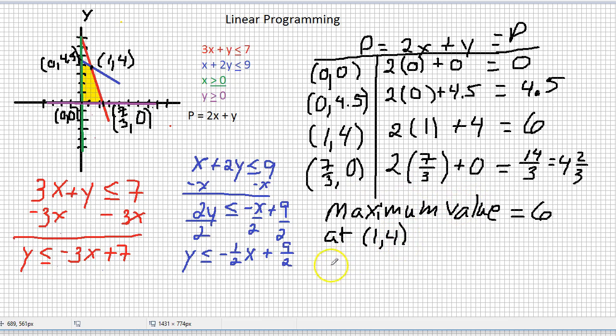If you were asked to find a minimum value, that means the smallest value, well, our smallest value is 0. So it's going to be 0. Where is it found at? At 0, 0. All right, and there's our linear programming. Have fun programming.